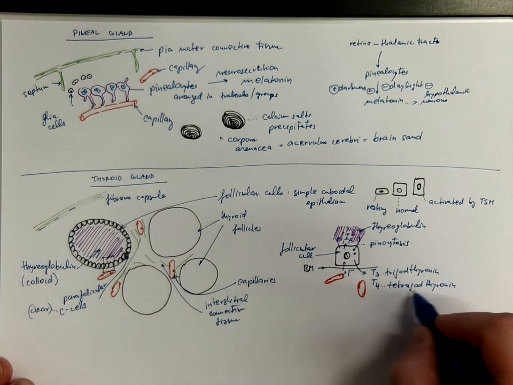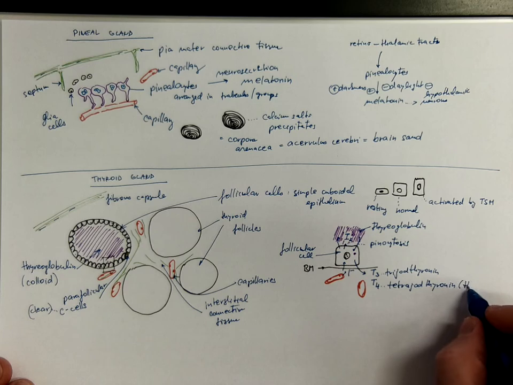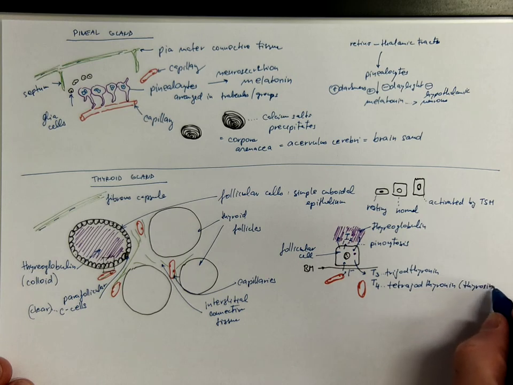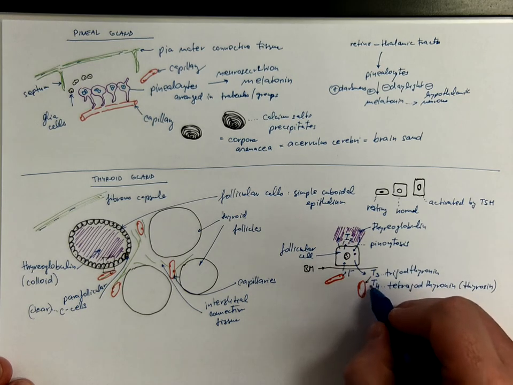Tetraiodothyronine is also known as thyroxine. And these T3 and T4 hormones are released into the bloodstream.